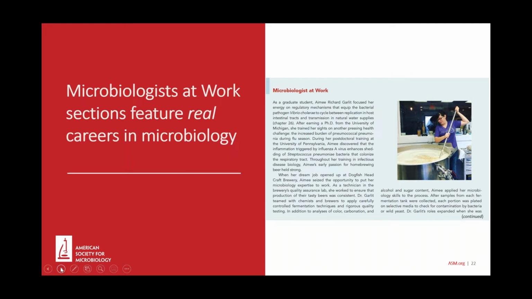We show one example here of Amy Richard Garlett, who earned a PhD in microbiology, did a postdoc, learned how to homebrew beer, and then changed careers to be a technician at a brewery, and she does quality assurance at the Dogfish Head Craft Brewery, which I'm pretty sure is the profession that I would pick if I did not love education so much.